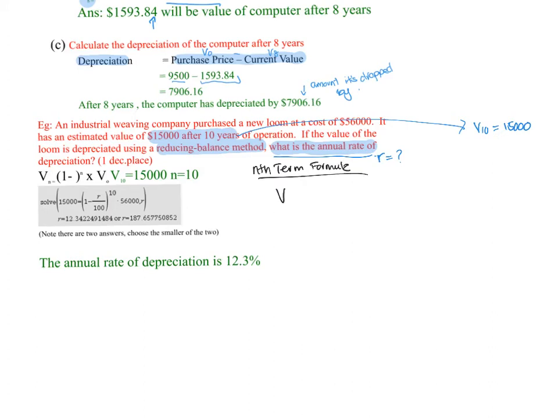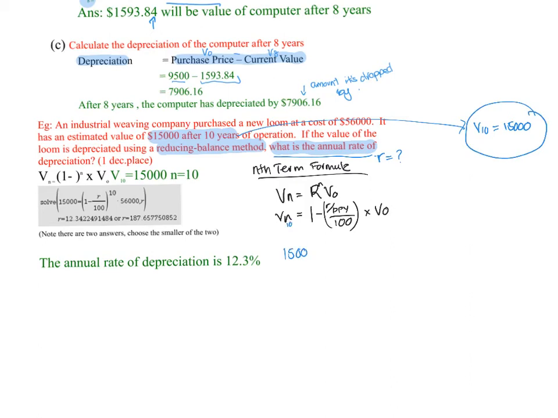Vn equals r to the power of n times V0. So if I write that out, that's 1 minus r per year over 100, to the power of n, times V0. Now if I substitute this into the question, I'm going to use V10, so that means I'm going to say 15,000.